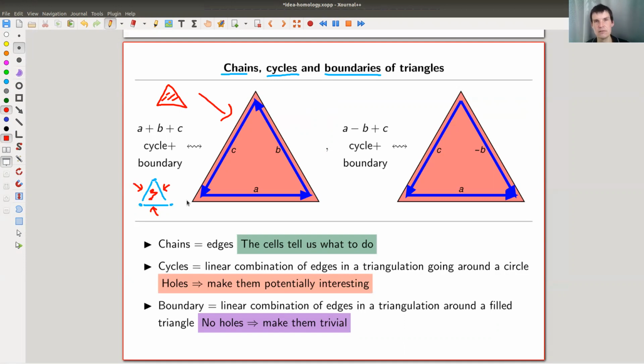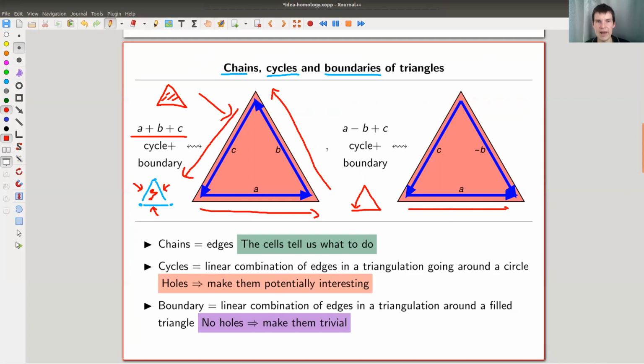A cycle is now anything that goes along the edges and comes back to where it started. And you think of these as being linear combinations, so there is some linearity going on. So instead of writing the cycle itself as a cycle, I write it as: I go edge A, I go edge B, and I go edge C, and I denote it by A plus B plus C. There is some orientation that plays a role.